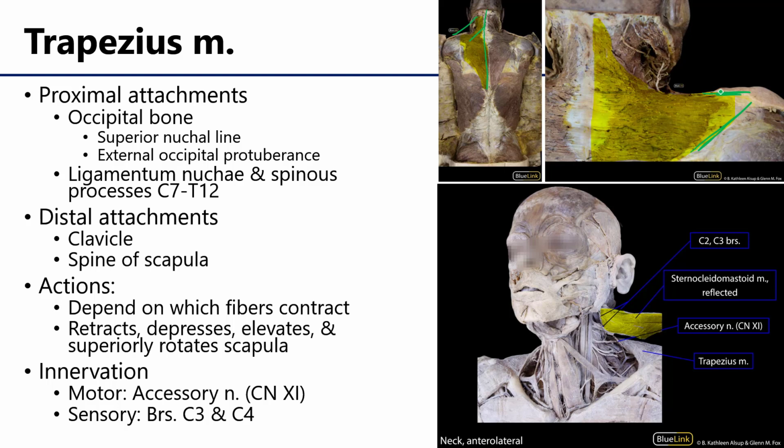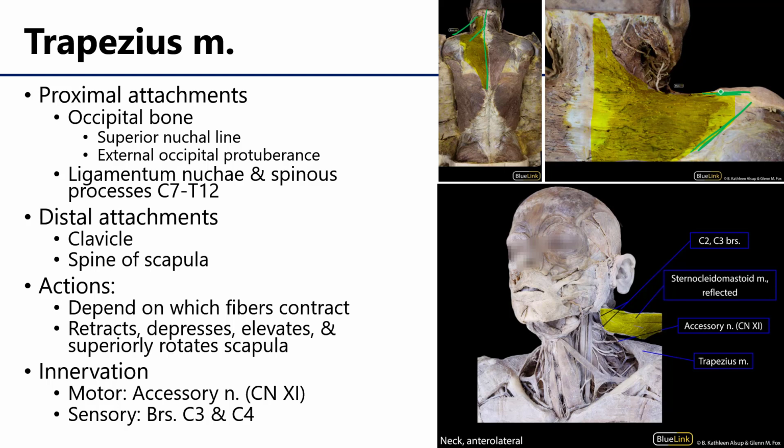When we consider those descending fibers acting alone, those are going to elevate as well as superiorly rotate the scapula. Superior rotation of the scapula is if you're elevating your scapula and also abducting your arm, so making it so that you're pointing towards the sky.